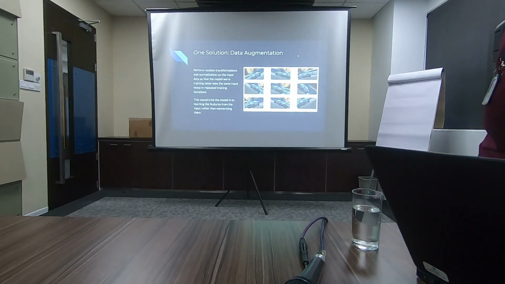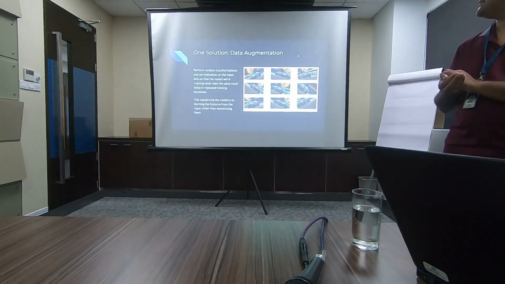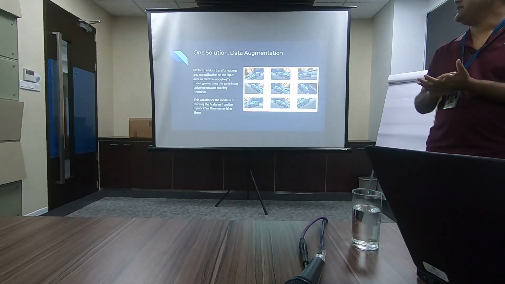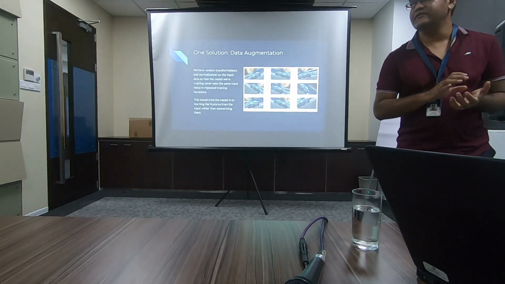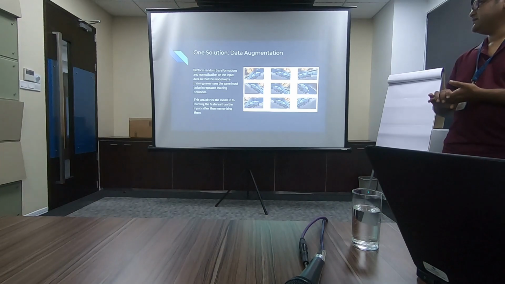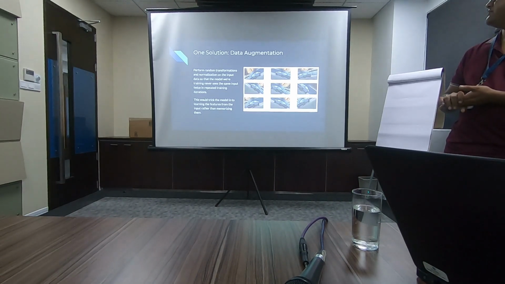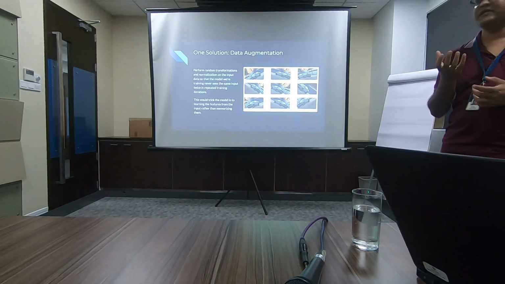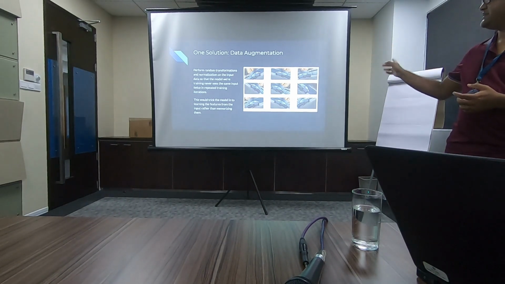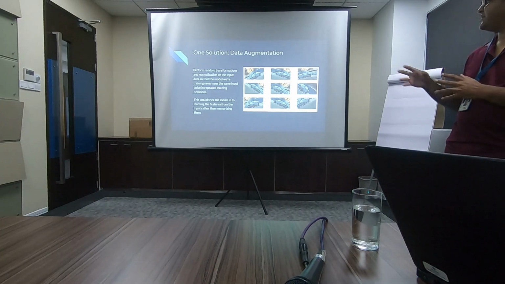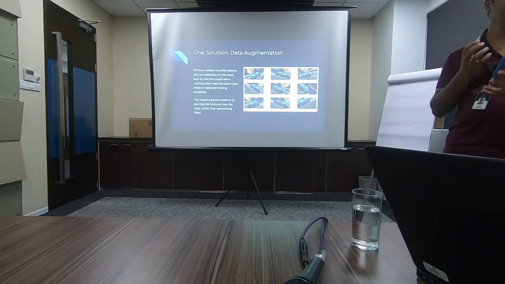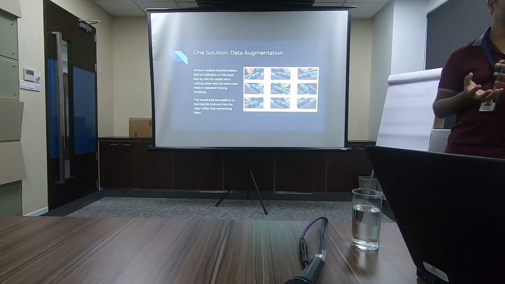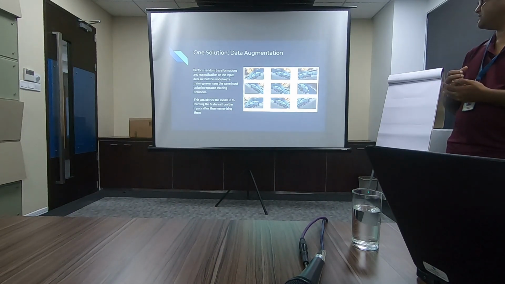So one of the simpler solutions that we have for this matter is called data augmentation. That means we take one input, we apply a set of random transformations and basically trick the model into thinking there is more training data coming out of it.